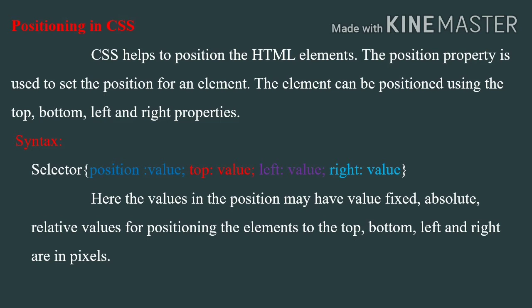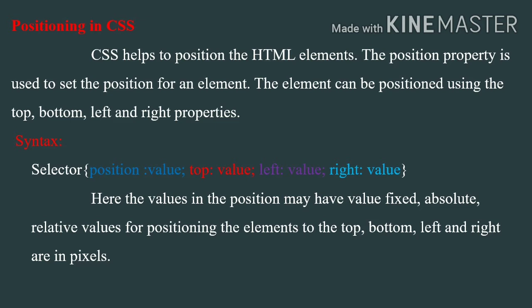So see, here the value for position may be fixed, absolute, relative, etc. And values for positioning the element to the top, bottom, left and right are in pixels. As I told you earlier, the elements can be positioned using top, bottom, left and right properties, which have values in pixels.